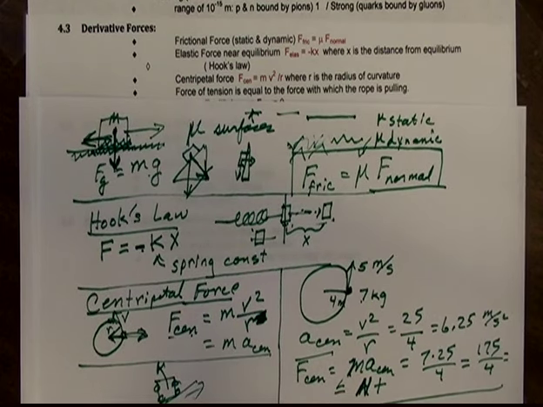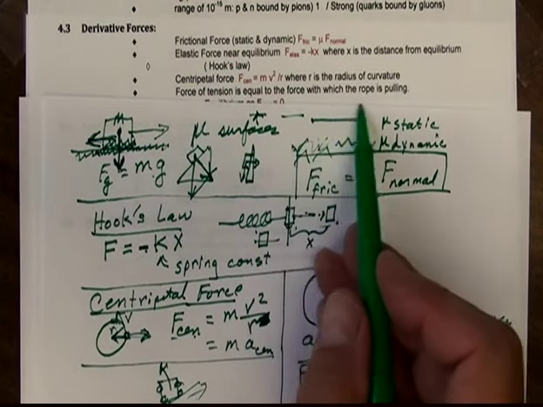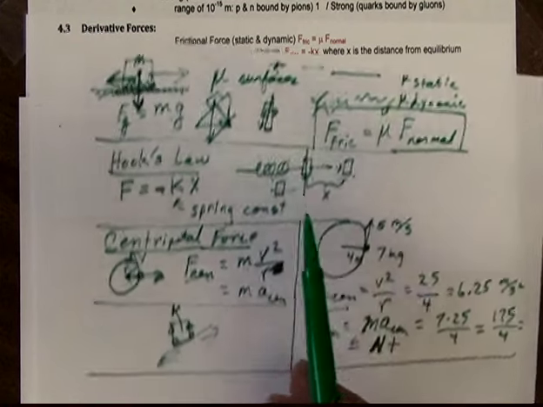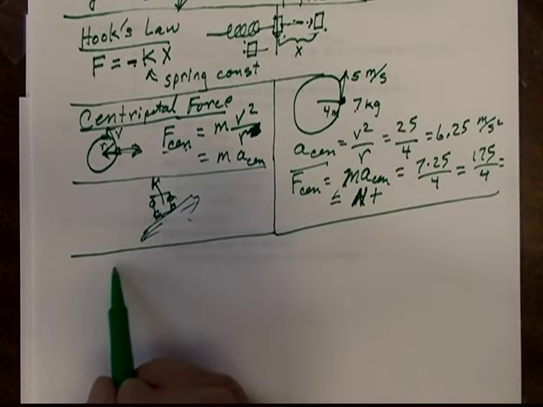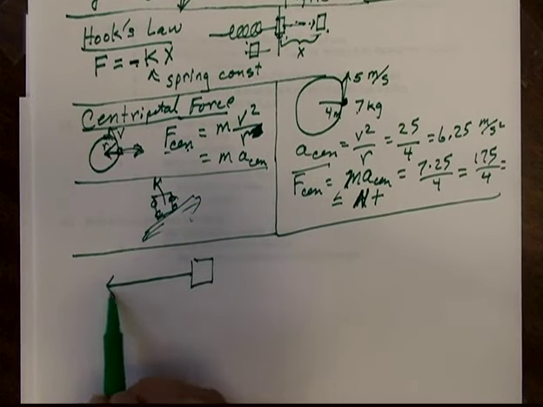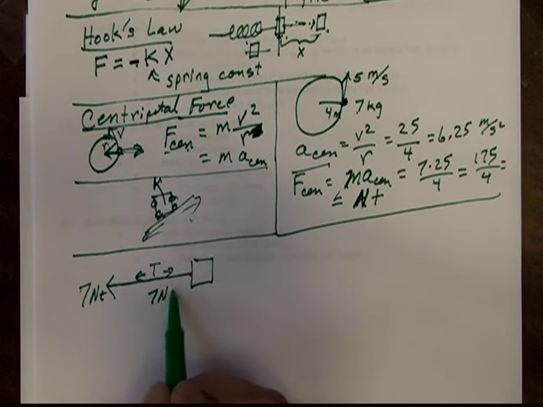Finally, a very simple force, and that's the force of tension. This force of tension is equal to the force with which a rope is pulling. And so if you think about a rope, and you're pulling on this rope with a force of, say, 7 newtons, then there's a tension in the rope in both directions of 7 newtons.